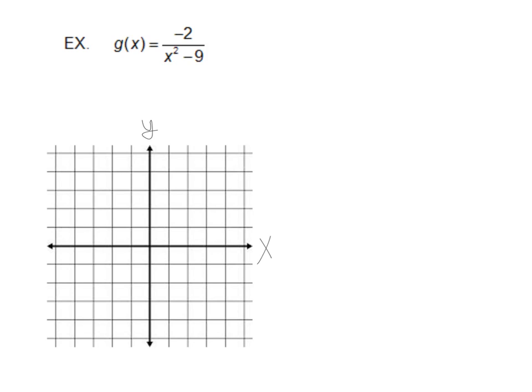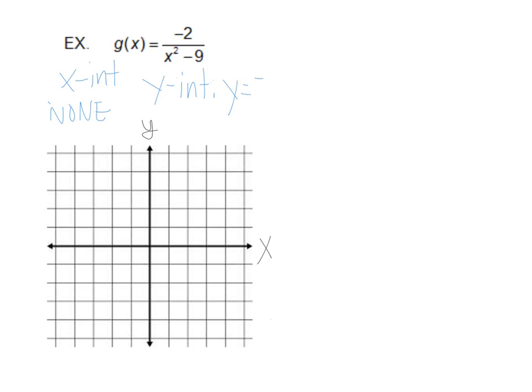Go back to g of x equals negative 2 over x squared minus 9. X-intercept, set the top equal to 0. Negative 2 equals 0 makes no sense, so there's none. Y-intercept, we're going to replace all of the x's with 0.